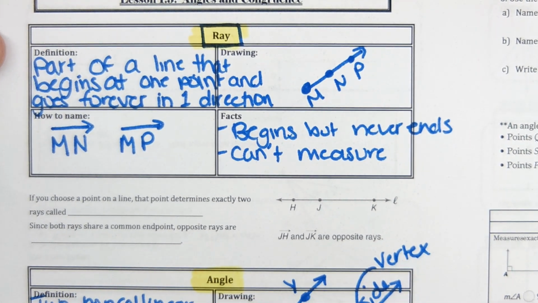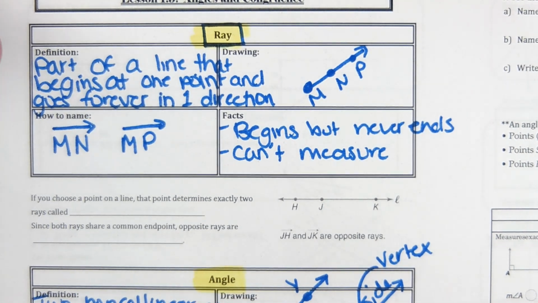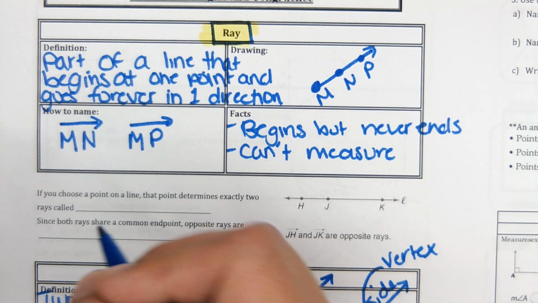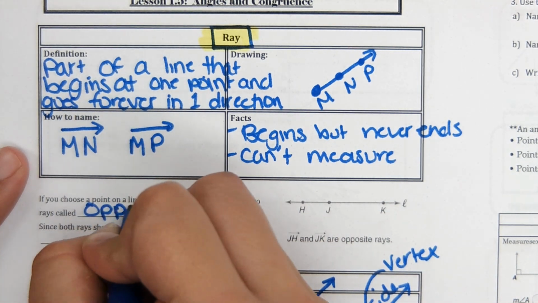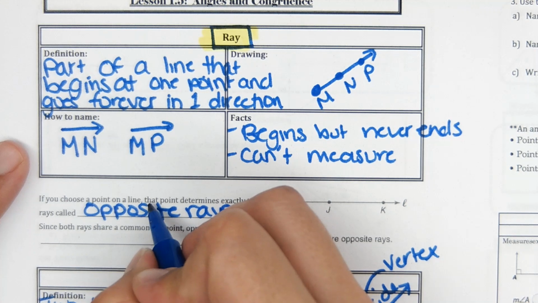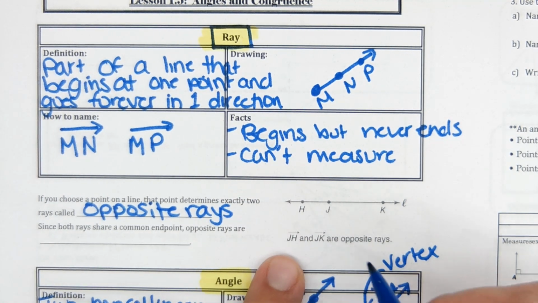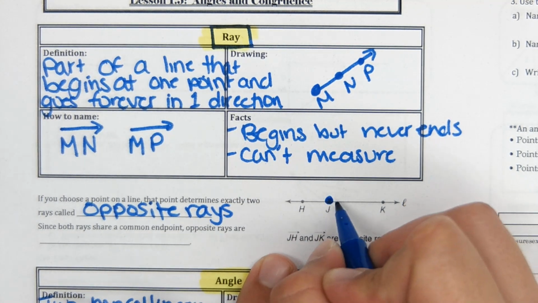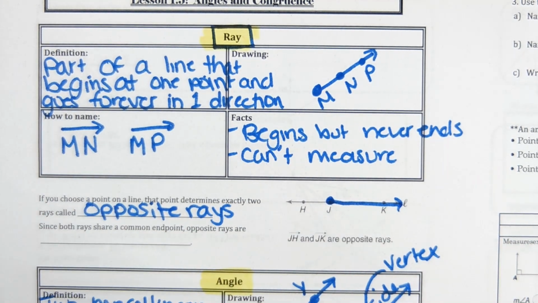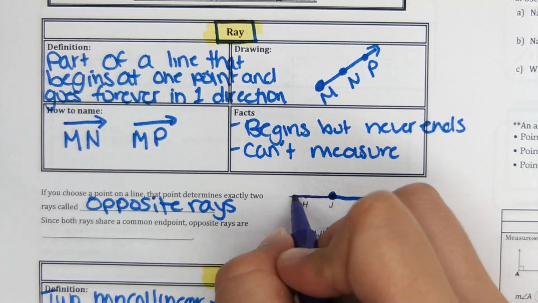Then right down here, it says if you choose a point on a line, that point determines exactly two rays called opposite rays. So it's talking about this picture right here, and I'll point out what it's talking about: opposite rays. So here, if you choose this point right here, you have a ray that goes this way and another ray that goes this way.